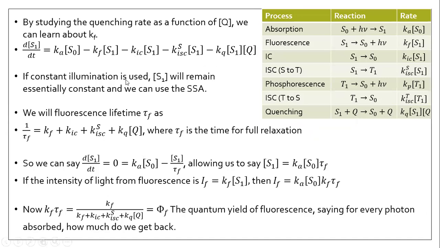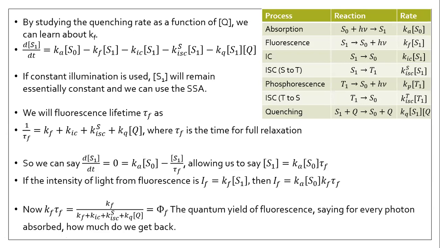If constant illumination is used, we can say that S1 will remain essentially constant, and thus we can use the steady state approximation. Essentially, S1 is constantly being formed, so even though it's undergoing all these decay pathways, it's held essentially constant.